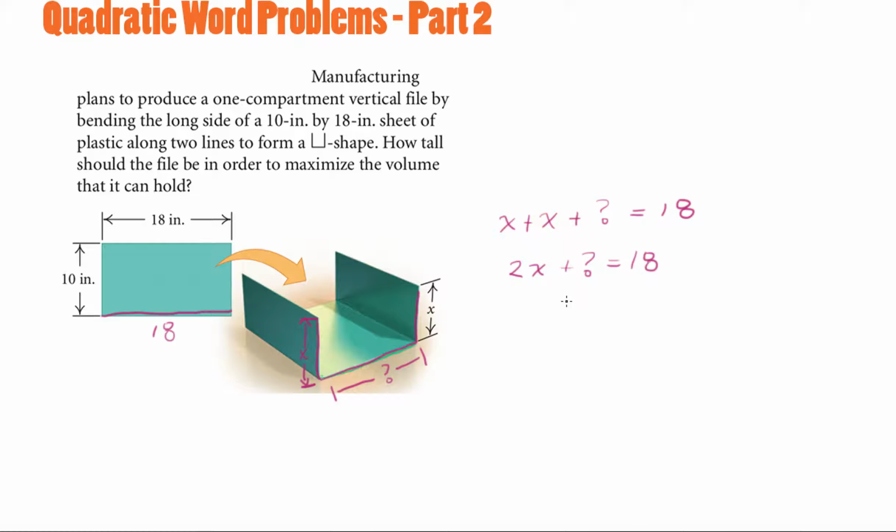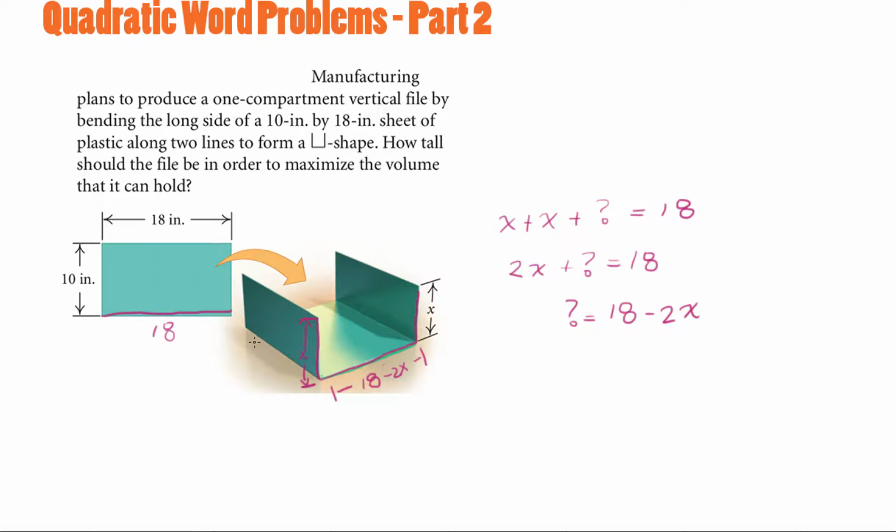If you want to isolate for the question mark, then you have 18 minus 2x. Therefore, our question mark becomes 18 minus 2x. Now, that's the width.